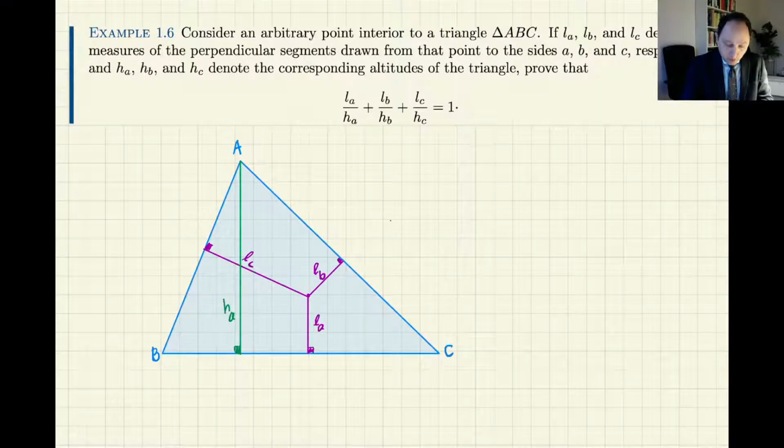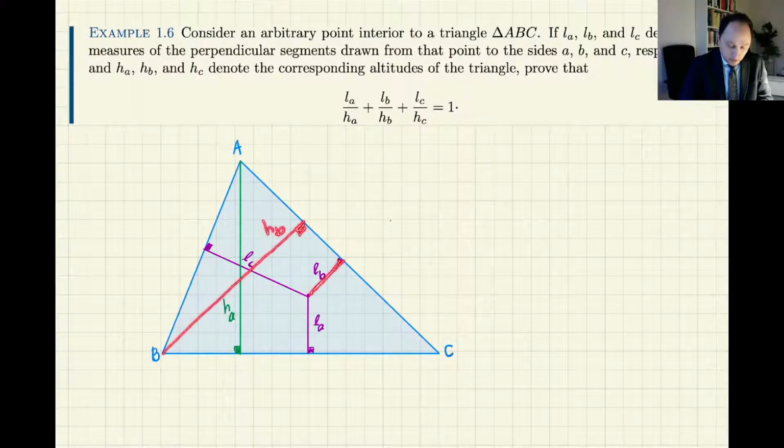But what I am going to show is that if I measure the length of this one and divide it by the length of this one to construct this fraction, and I do the same thing for this one and the other HB, so assume that this is LB and this is HB.